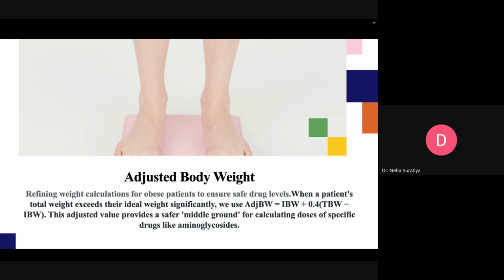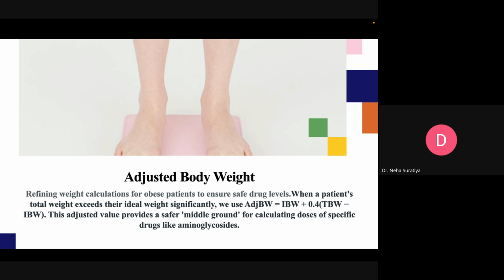Why this 0.4? Let me tell you why this constant: not all the excess weight is pharmacologically active, guys. Not all excess weight is pharmacologically active, but some distribution does occur. That is the reason. And this is mainly useful for aminoglycosides, which are hydrophilic drugs, and vancomycin, which is partially hydrophilic. In many protocols, you will find this formula.